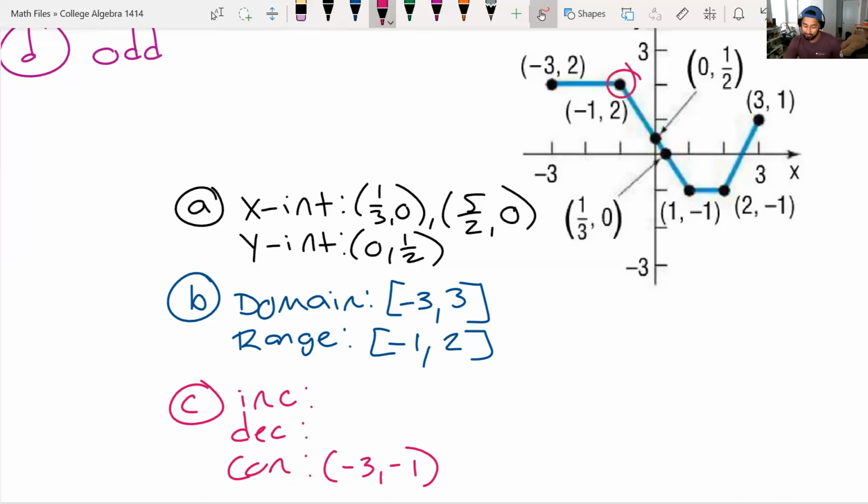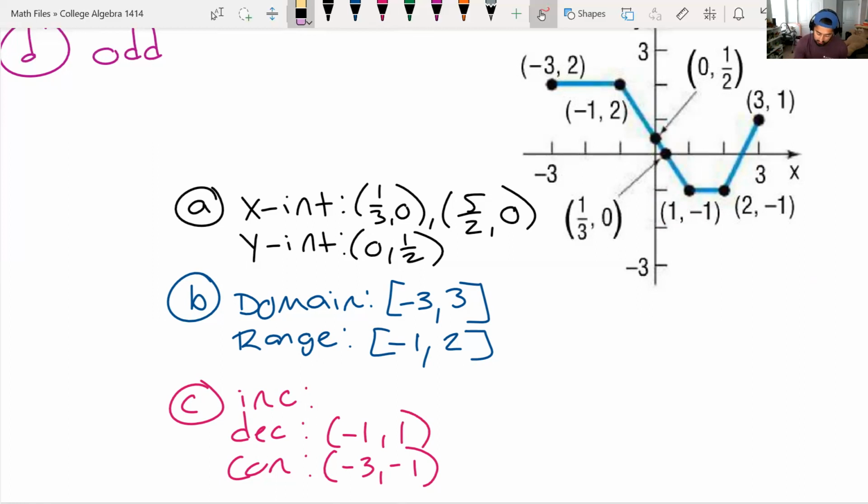And then from -1 all the way down to 1, right? So from this x value to that x value, the function is decreasing. So we say from -1 to 1. Okay. And then increase.